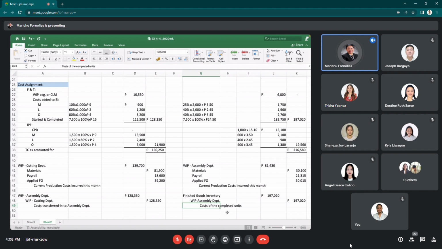If there is spoilage or defective units, then you have to know how many of that is normal and how many is considered abnormal lost units. If there are no lost or spoiled units, the costing is easy, and preparing the cost of production report is easy. It only becomes complicated if production losses happen.